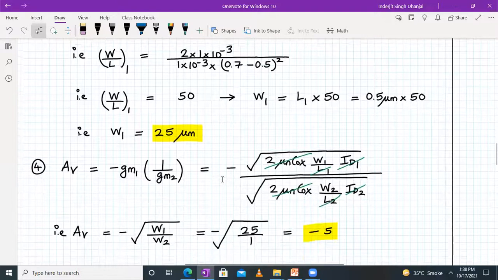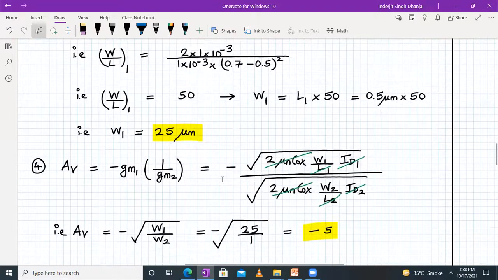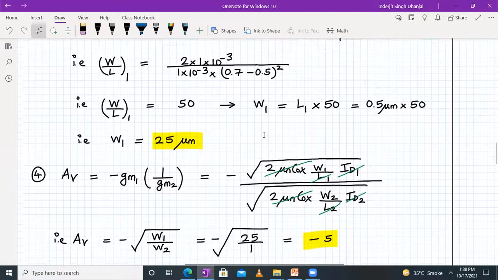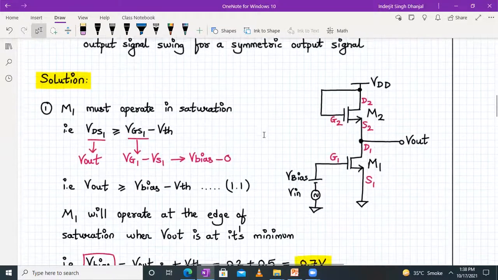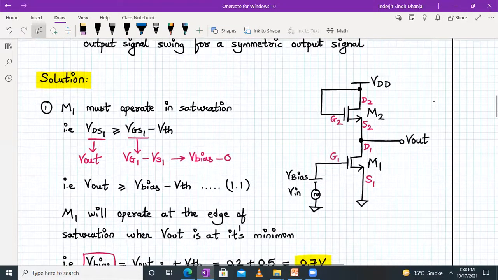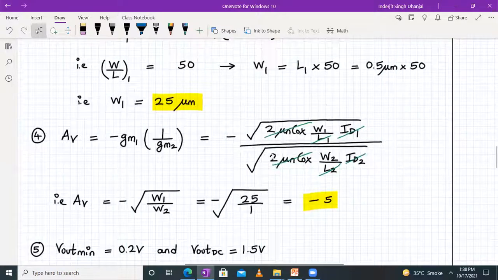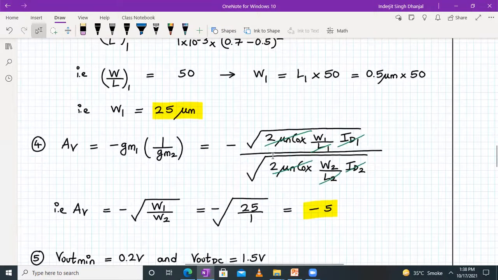Agree? Okay. Now, what is the formula for the diode connected MOSFET? If lambda is equal to 0 and gamma is equal to 0, it is nothing but minus GM1 into 1 upon GM2. So that's the formula for your diode connected MOSFET for lambda equal to 0 and gamma equal to 0. Here it is the ratio of GM1 upon GM2.